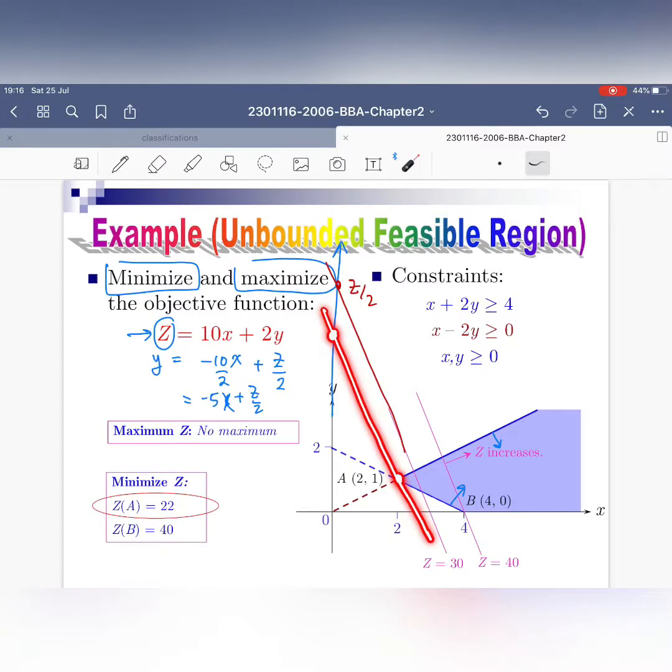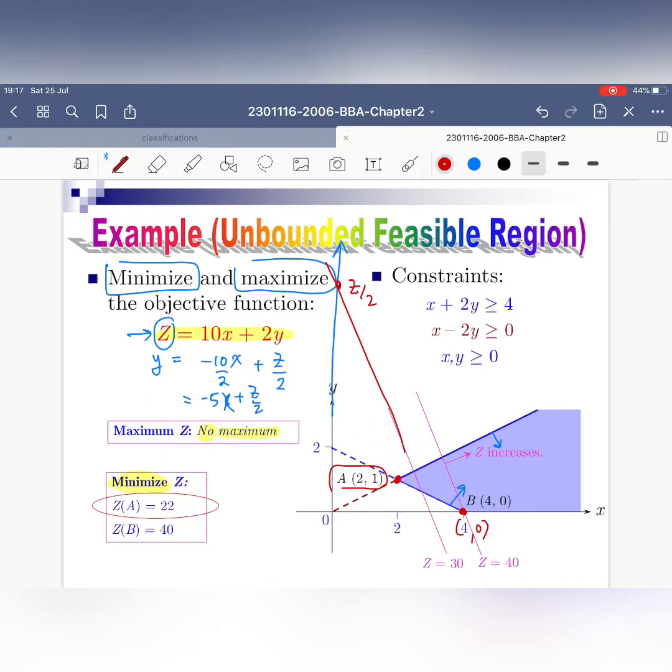So for this problem, your z has no maximum, but you can still find the minimum because of the behavior of the objective line right here. The minimum will be along the corners, and now you have only two corners. The first one is 2, 1, the second one is 4, 0.